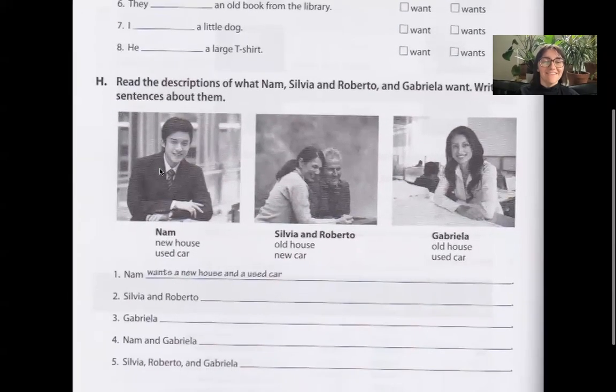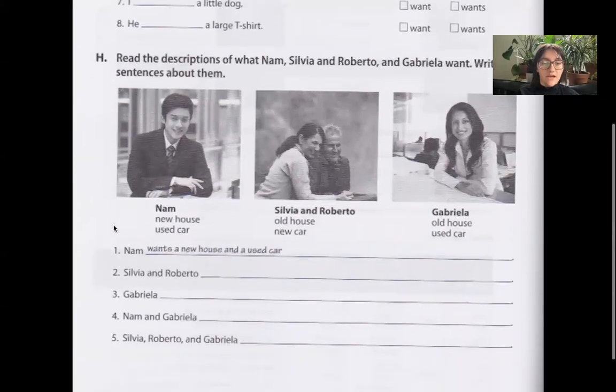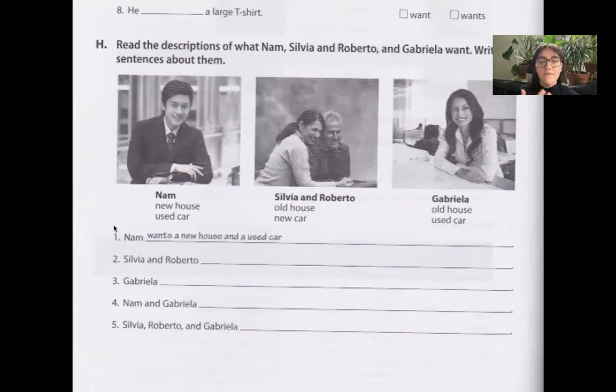Okay. So next one, it says, read the descriptions of what Nam, Sylvia, Roberto and Gabriella want, and write sentences about them. So it's saying what these people want, right? Nam wants a new house and a used car. Sylvia and Roberto want an old house and a new car, right?